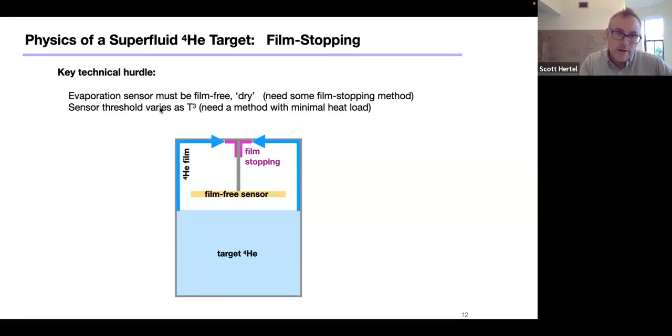And then that sensor also needs to be very cold. So in general, for this type of calorimetry, the sensor threshold depends on T cubed. So we need a method to stop the film that does not apply any heat, or at least minimal heat, down the support structure to the sensor itself. That's a big challenge.